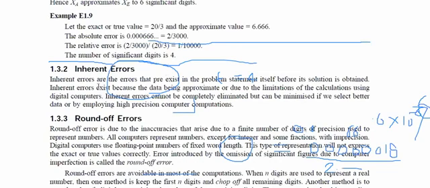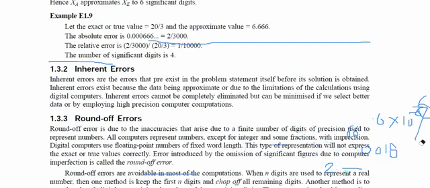So, inherent errors. There are two types of errors here. I just erased this one. What is the inherent error?